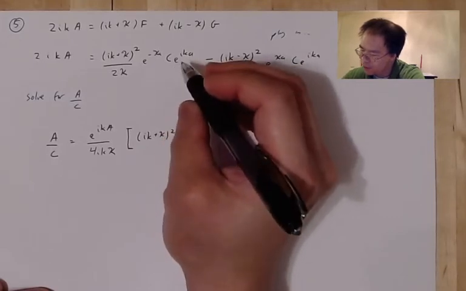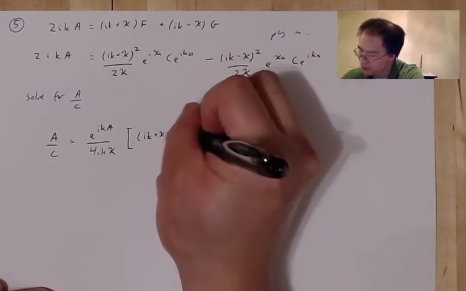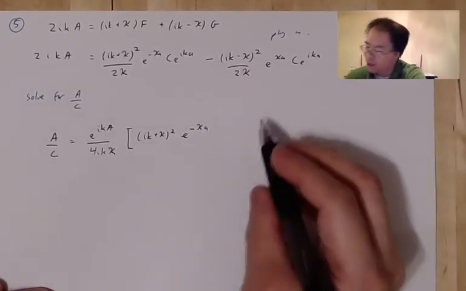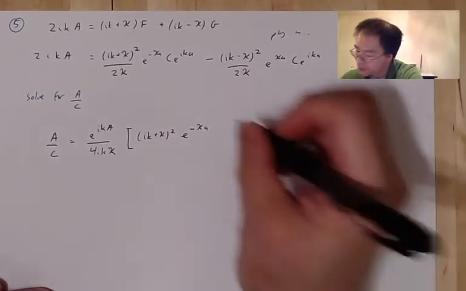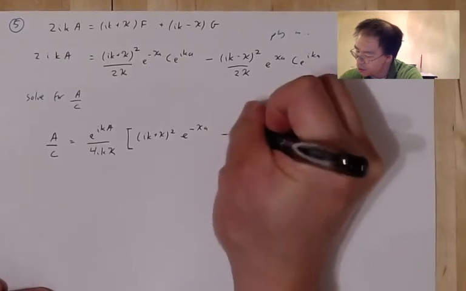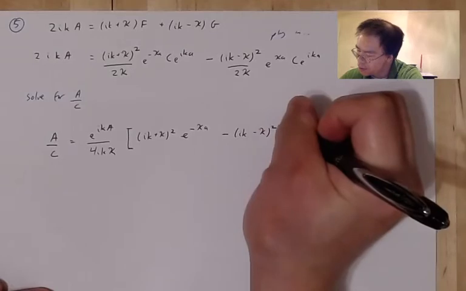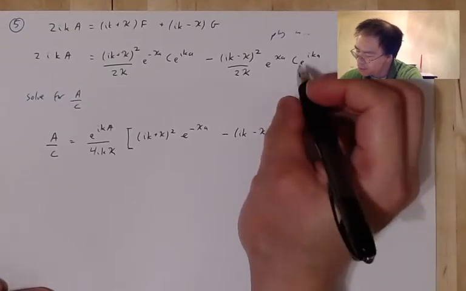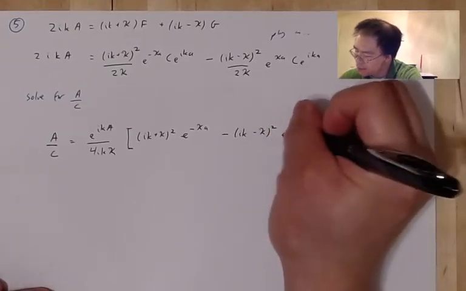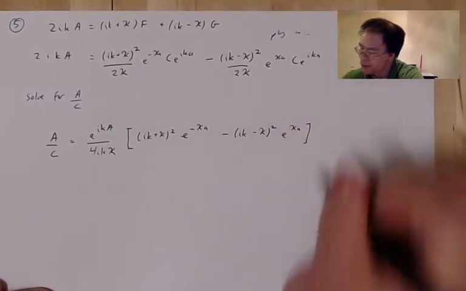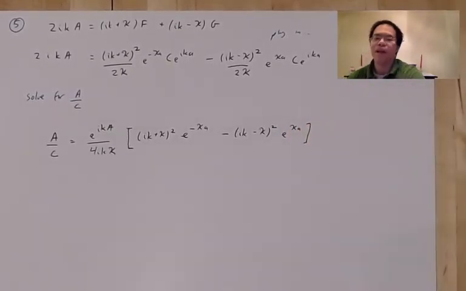What's left is the e to the minus kappa a. And then in this term, what's left is minus ik minus kappa squared e to the positive kappa a. Okay, so this is starting to get a little bit better.